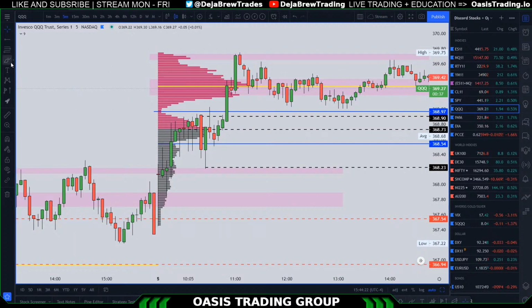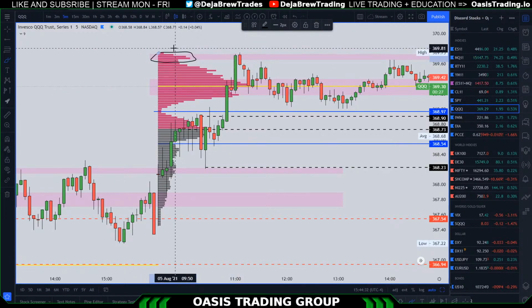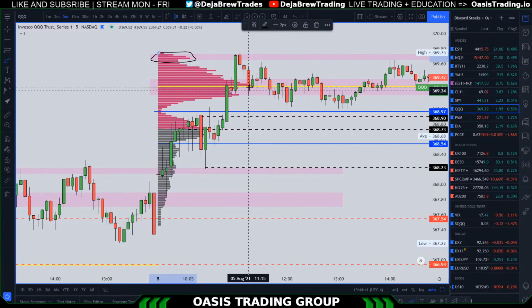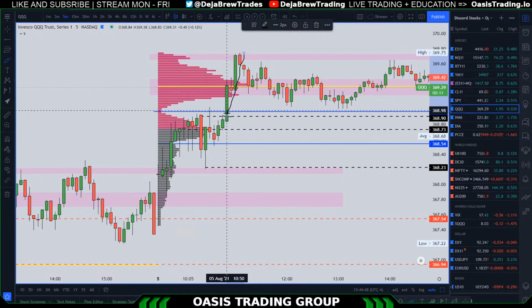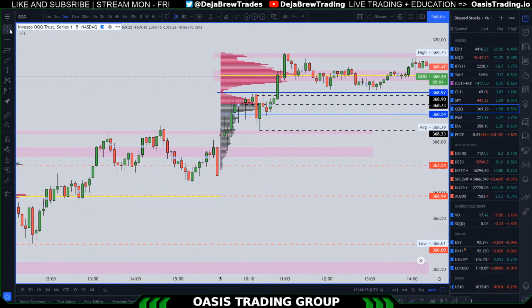That's why, and you called this out, when this node formed, it formed instantly. Because that was basically people finding value. The sellers agreed that that was a good price, and they unloaded. That's why that node built so quickly, because from here to here, there is no resistance. It's all-time high, so you're finding value. And then it just nukes and builds a massive node in the span of 5 minutes.